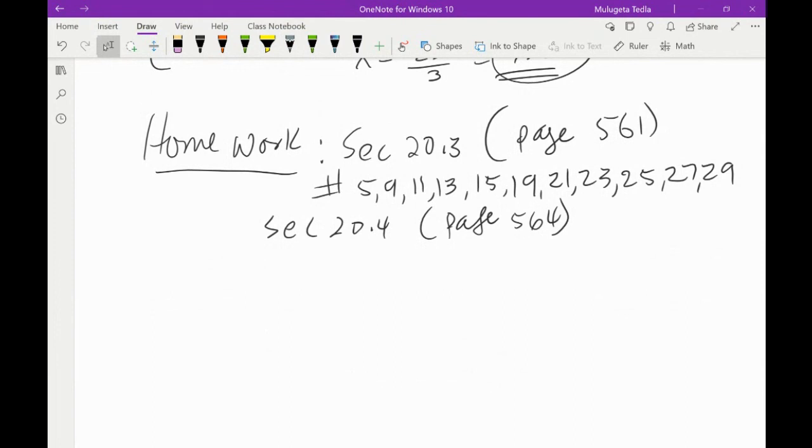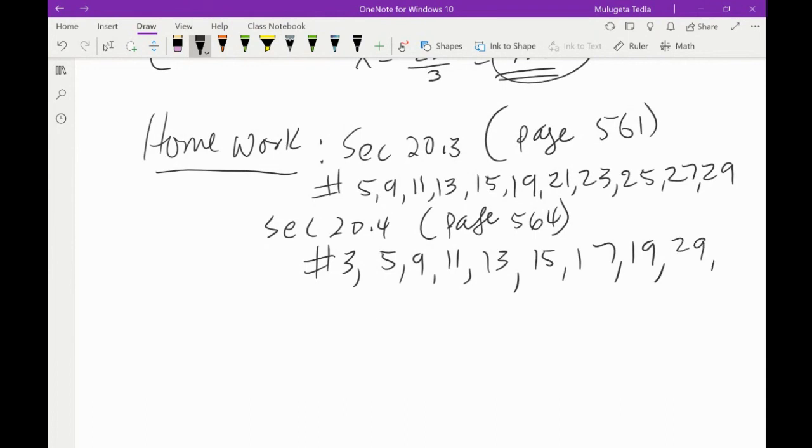Numbers 3, 5, 9, 11, 13, 15, 17, 19, and not 33, 35, but I want 29 and 31. These are some proofs.